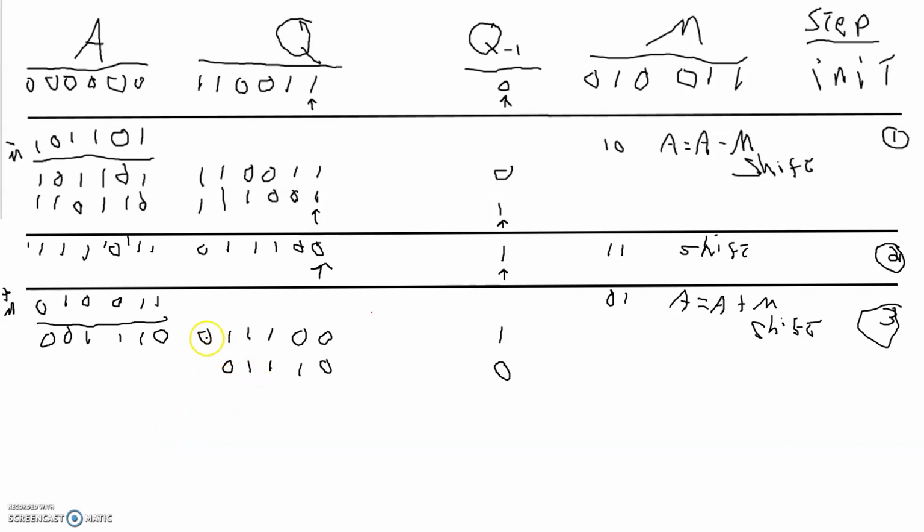Okay, the 0 shifted here, this 0 shifts here, the 1 shifts here, this 1 shifts here, the 1 shifts here, the 0 shifts, the 0 shifts, and now since we need a bit here, we make a copy of this bit, which is a 0, and so we end up with the 0 here. That finishes our step 3. Let me get the line in.